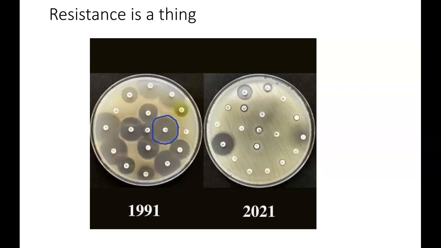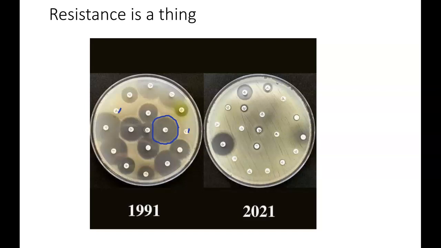You can see a couple on the plate where they are resistant. So I'm just kind of pointing those out. So you see no zone of inhibition, and you can see growth all over that disc. So that means that that organism is resistant. But most of those antibiotics in 1991 were doing a pretty good job of killing the bacteria.